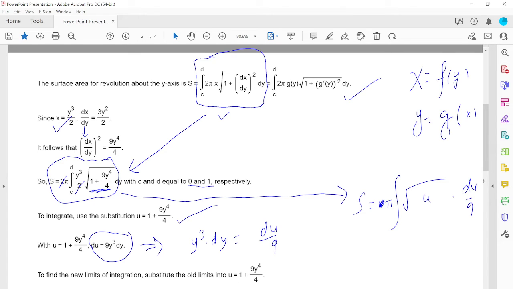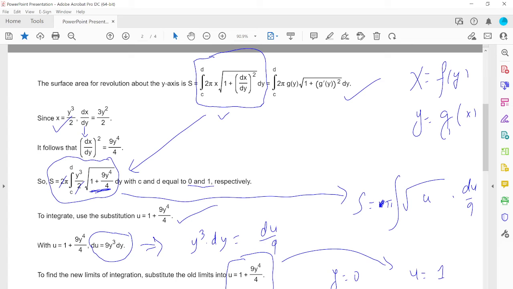Now the variable y has become the variable u, so the limits of integration c and d, which are 0 and 1, we need to change to limits for u. We know the relation between u and y is u equals 1 plus 9y to the power 4 over 4. When y is 0, u equals 1.